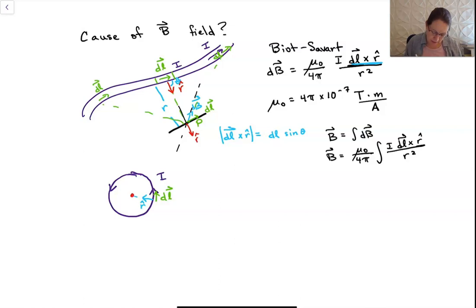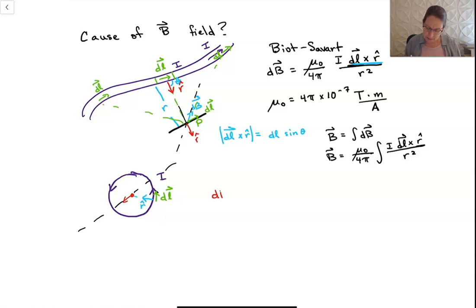So my magnetic field is coming out of the page here. Again, if we set up an axis where this is coming out of the page, that's from my right-hand rule, my dl cross r. The B is out of the page.